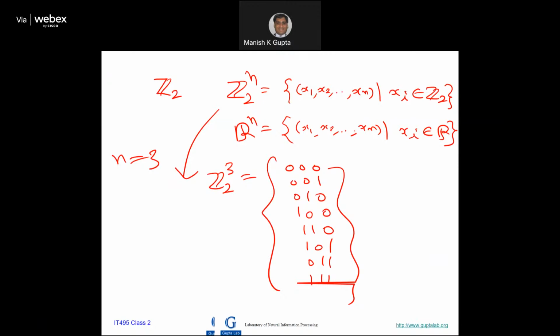Here, I can show you the subspace. So the vectors 0, 0, 0 and 1, 1, 1 form a subspace here of dimension 1. Right? So if we take C is equal to this, this is a subspace.